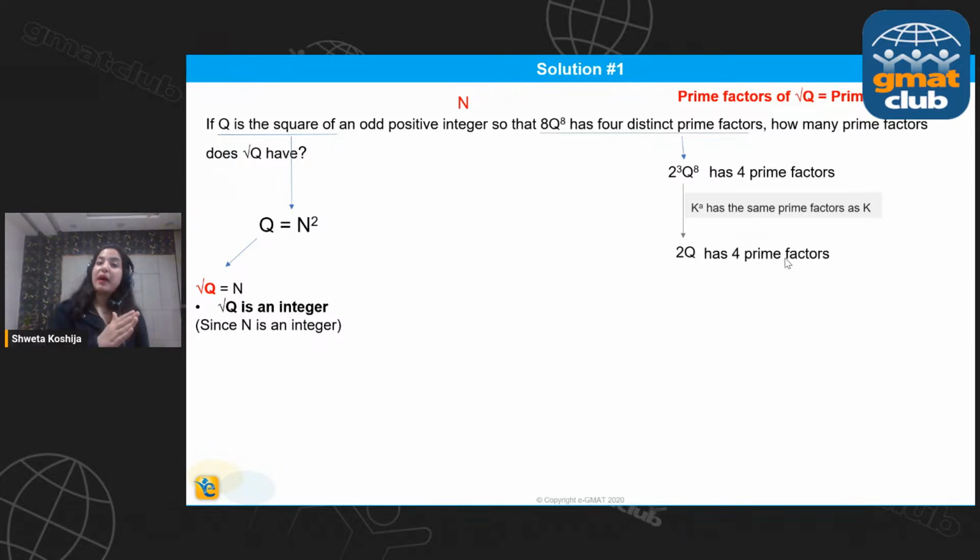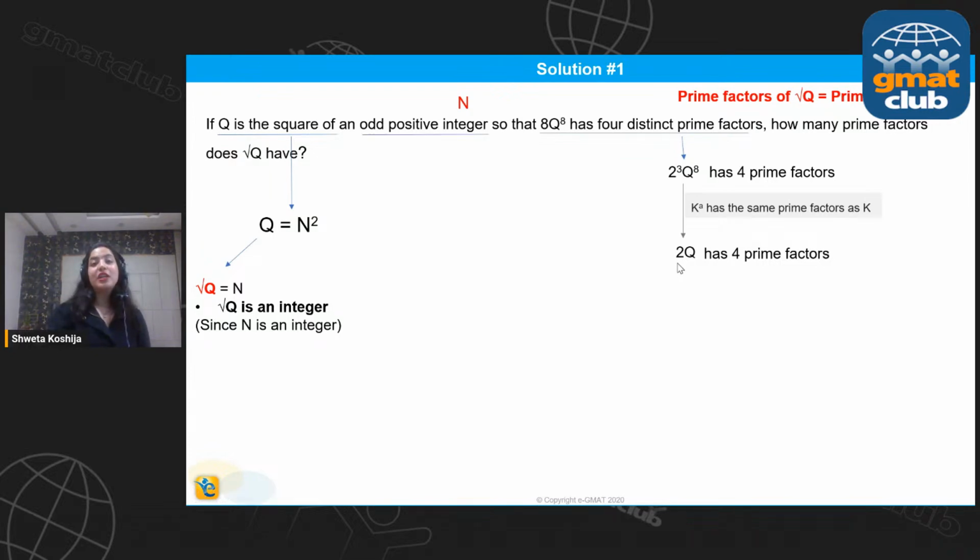So q to the power 8 will have the same prime factors as q. That's why I'm just replacing it. Similarly, 2 to the power 3 has the same prime factors as 2. So I ultimately get to this stage that 2q has 4 prime factors.